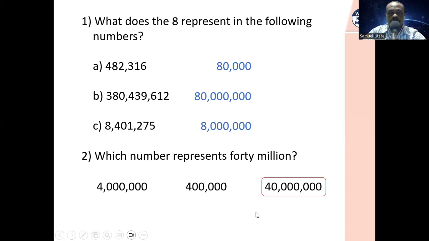For example, if I say 700 million, you would be thinking, okay, I need to have 700 before I have 3 groups and another 3 groups. We'll be doing a lot more of this in this lesson. So you're going to be able to understand and write figures and words of numbers up to 1 billion.